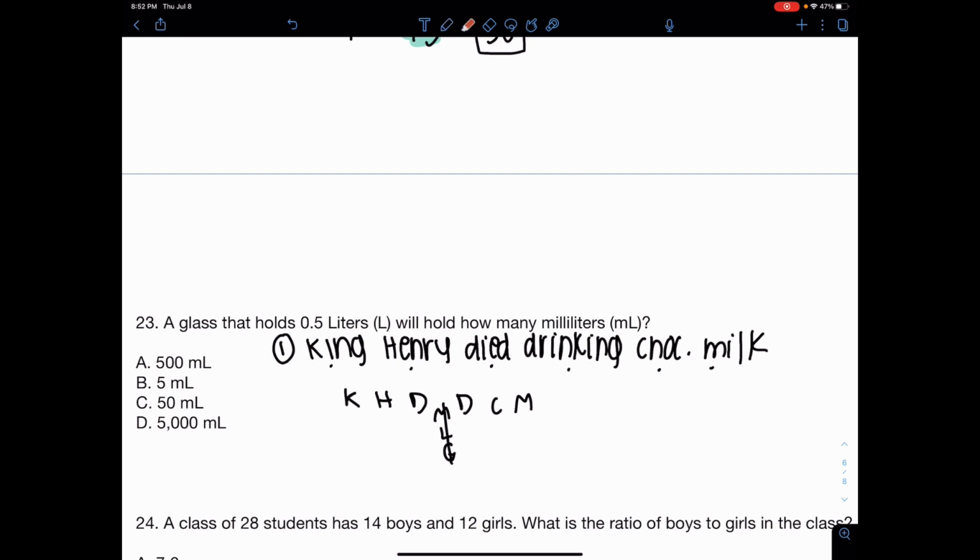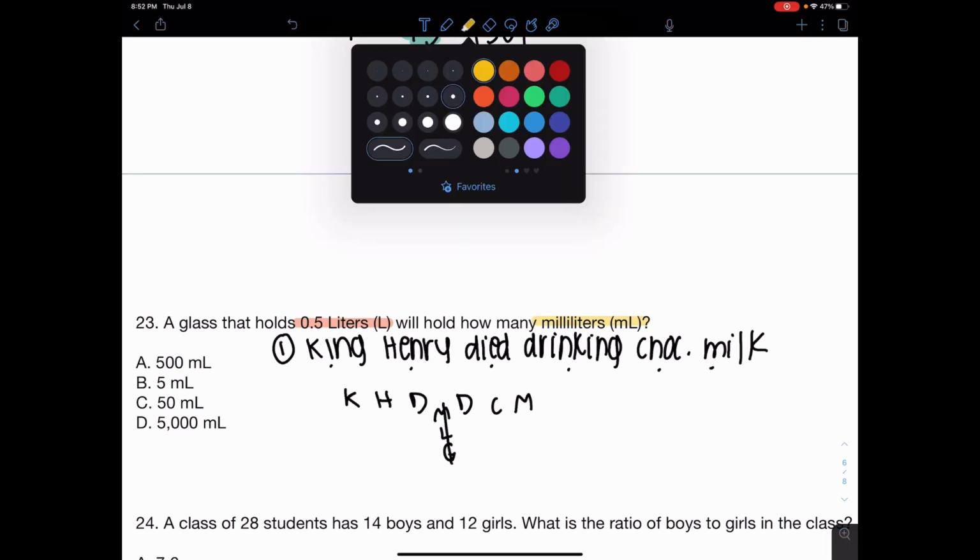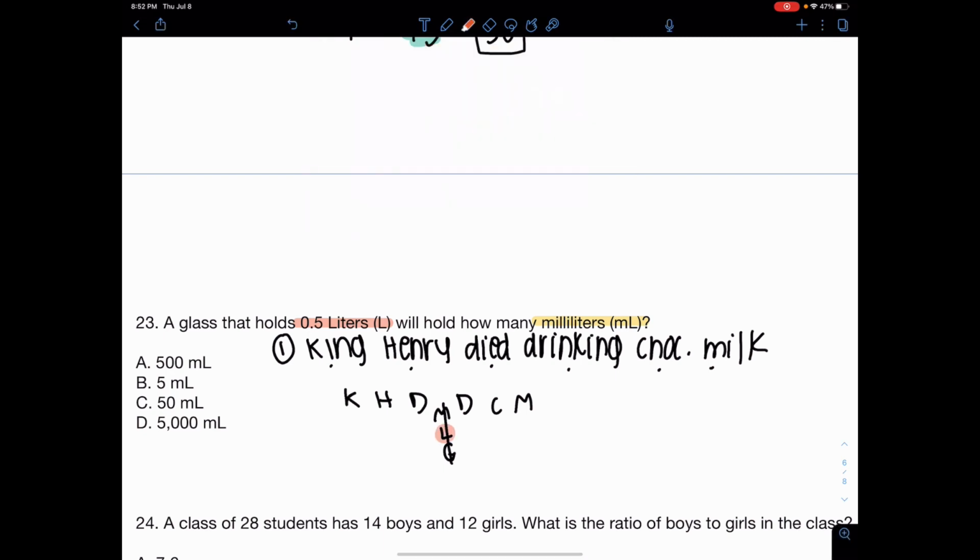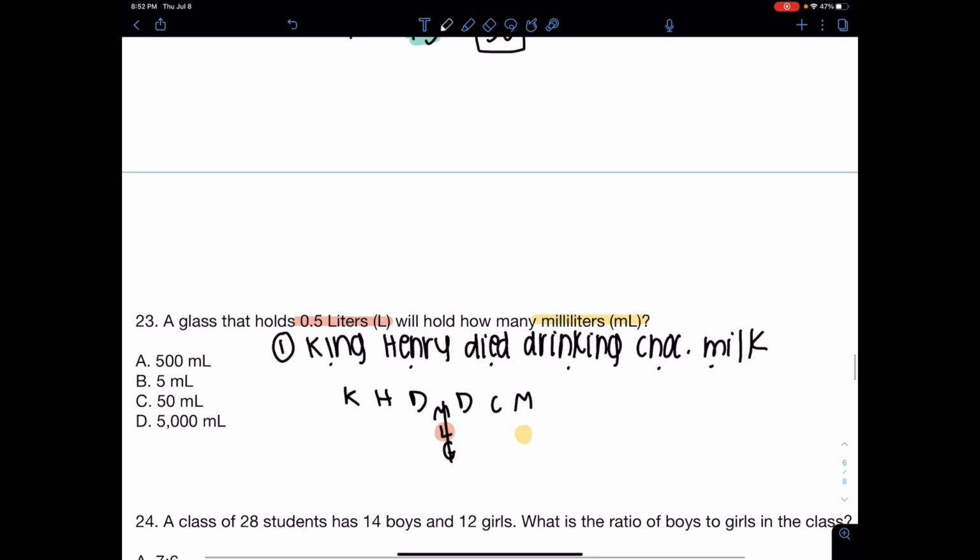So since we have our liters, let's find out how many milliliters are in liters. We are trying to get to milliliters, so let's see how many decimals we're going to end up moving. We're at our liters. This is where we're at. We're going to move 1, 2, 3.